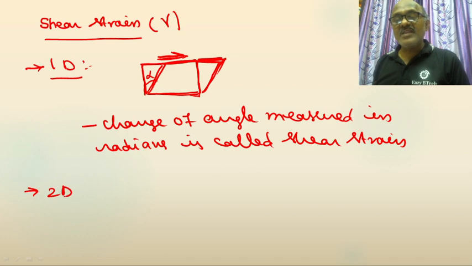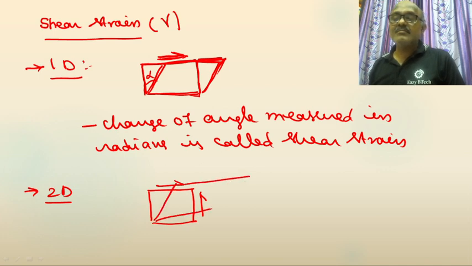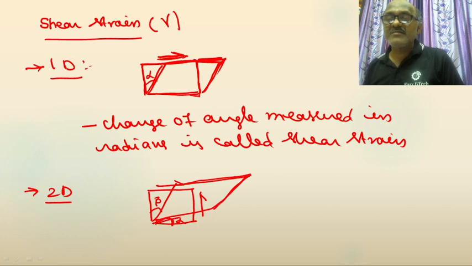For the two-dimensional case, now here like this. Force is applied in the x-axis direction and y-axis direction. Now it becomes like this. So here the angle is alpha, here the angle is beta. Now there is a change of angle between the two mutually perpendicular planes, my dear students.